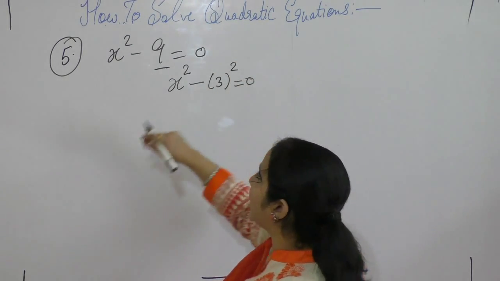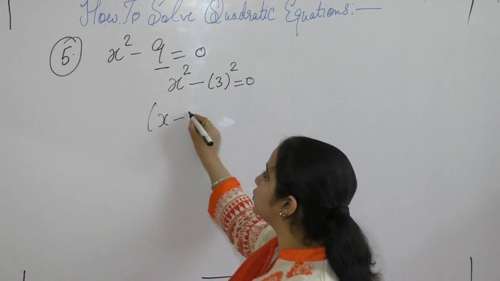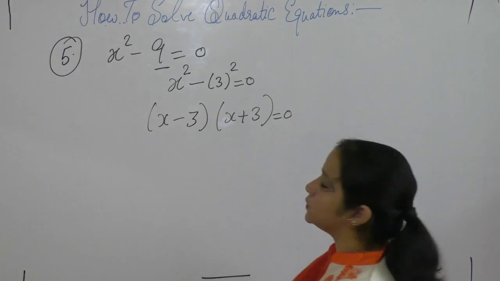So here we will apply the formula a² - b² = (a - b)(a + b) = 0.